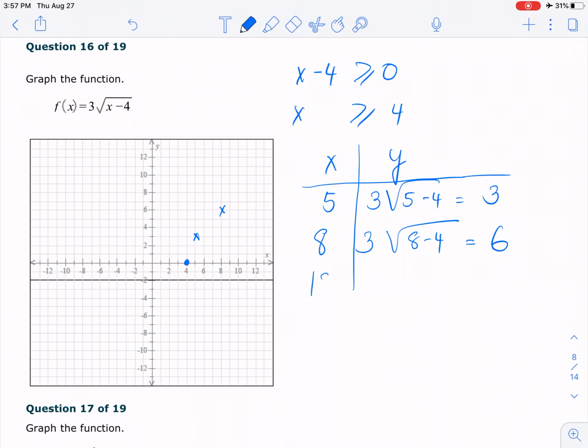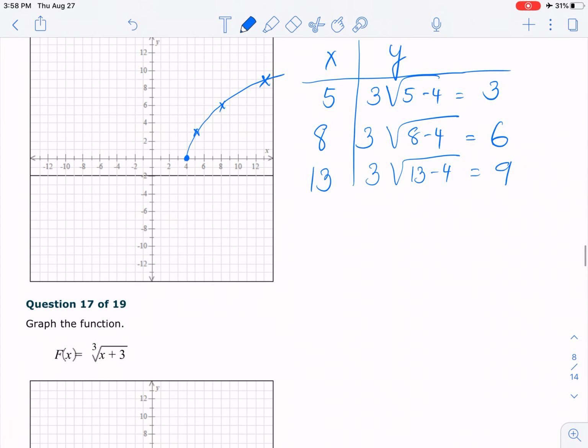Anyway, if I put 13 here, it's going to give me 9. So 13, 9, just right here. That's enough for me to graph.